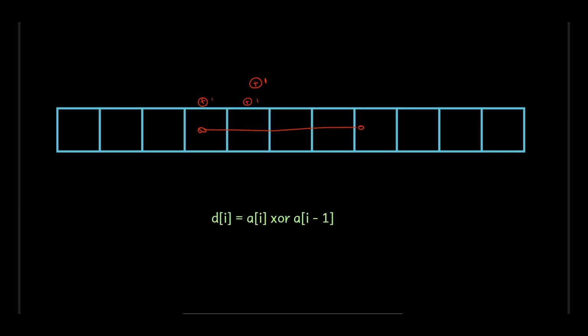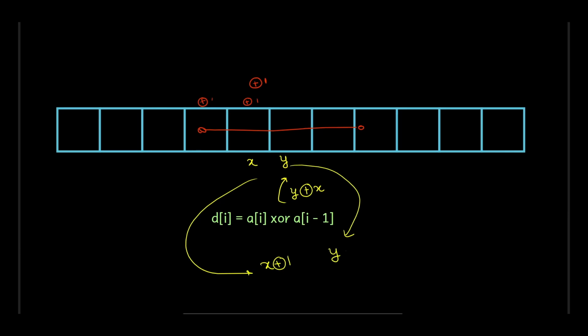Again, let's start with two elements that are completely inside the subarray. Suppose this element is x and this element is y. What is the d value at this position before selecting the subarray and flipping it? The d value would be y XOR x. After the flip, it will become x XOR 1, and this will become y XOR 1.